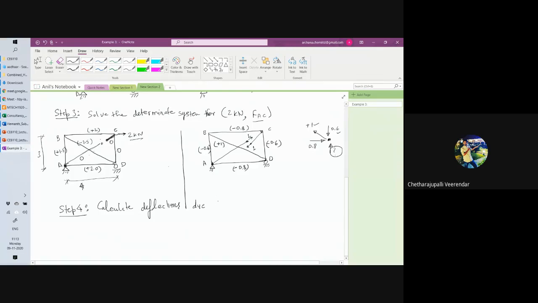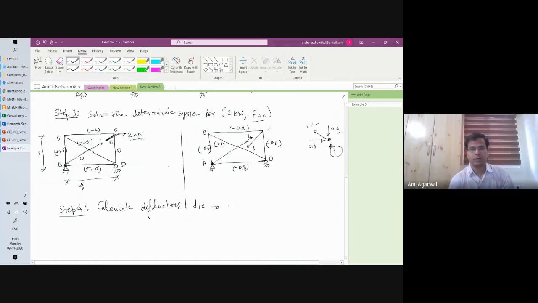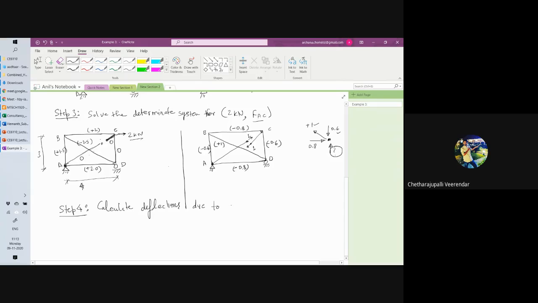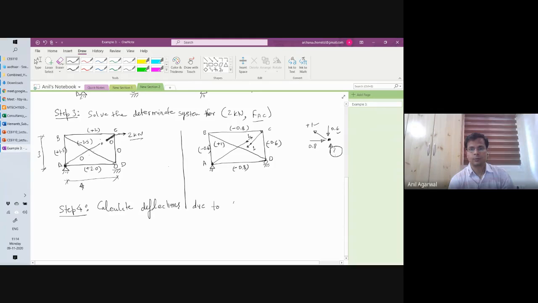Where we release that redundant force. Yes, sir. Correct. Deflections due to 2 kilonewton and FAC at delta AC. That is important. We want to calculate delta AC because of 2 kilonewton and delta AC because of FAC.